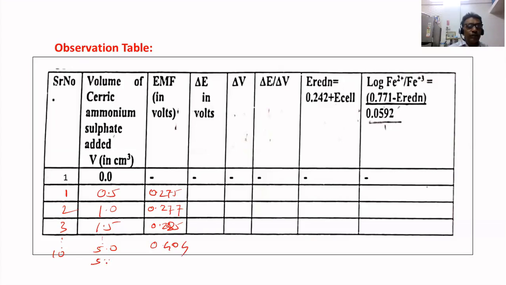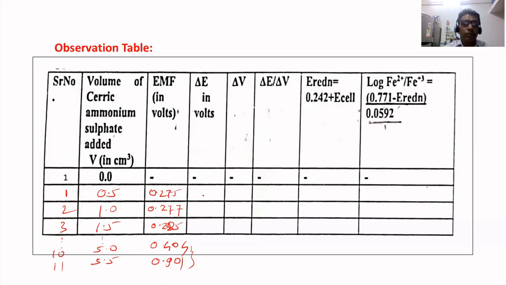After the addition of another 0.5 ml, the 11th reading, the EMF of the cell suddenly increases to 0.901 volt. You can see the difference between these two readings is very large, whereas the difference between the earlier readings is very, very small. This is the sudden increase in the EMF, and after that we have to take 7 to 8 more readings. In this way we can perform the experimental part here.